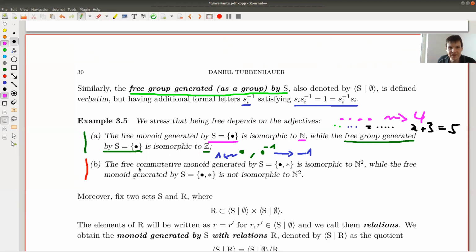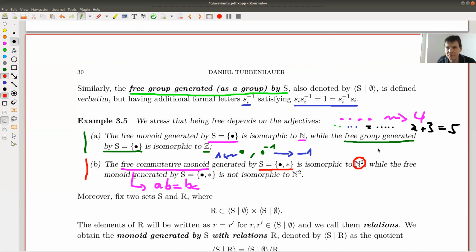You can also say something like the free commutative monoid. What does that mean? Well, you would impose one extra relation, namely, you would impose that for all letters in your alphabet, something like AB equals BA. And if you think about it a little bit, let's say your set S has 2 elements, bullet and star, then the free commutative monoid is isomorphic to N squared.